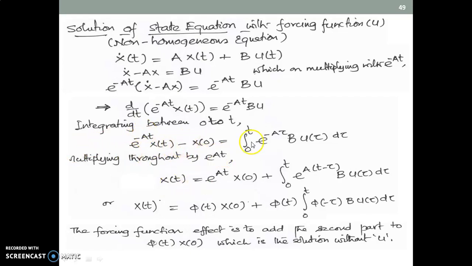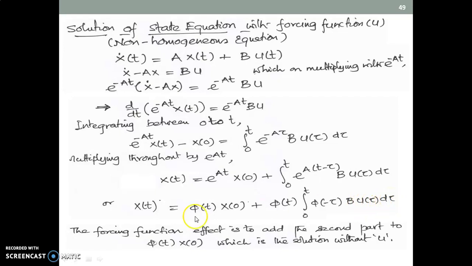This term you will get on that side because it is minus, on this side it is plus e power At into x of 0 plus integral 0 to t e power A into t minus tau into B into u of tau d tau. So you can represent x of t equal to phi of t into x of 0 plus integral phi of t minus tau into B into u of tau d tau.